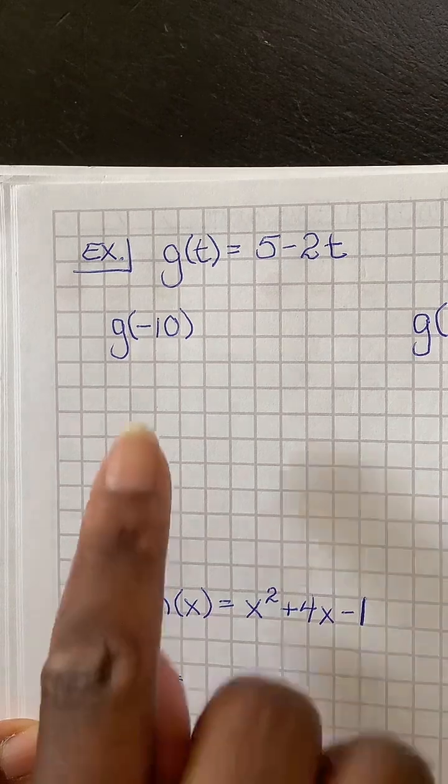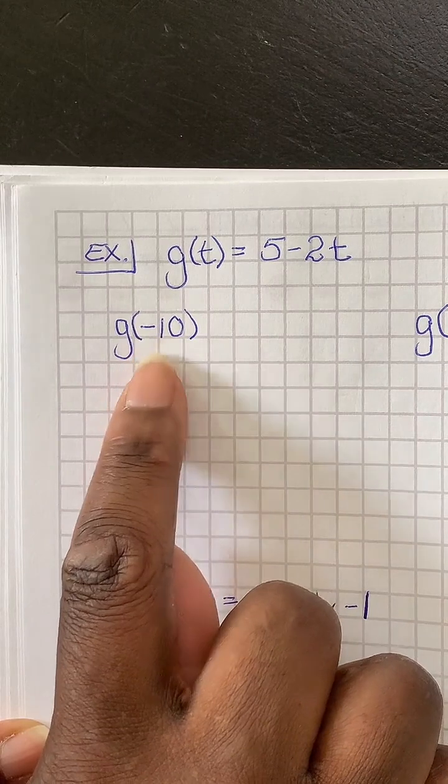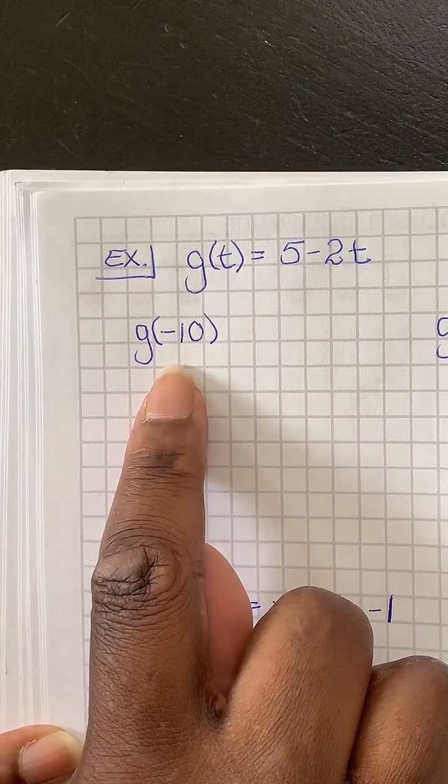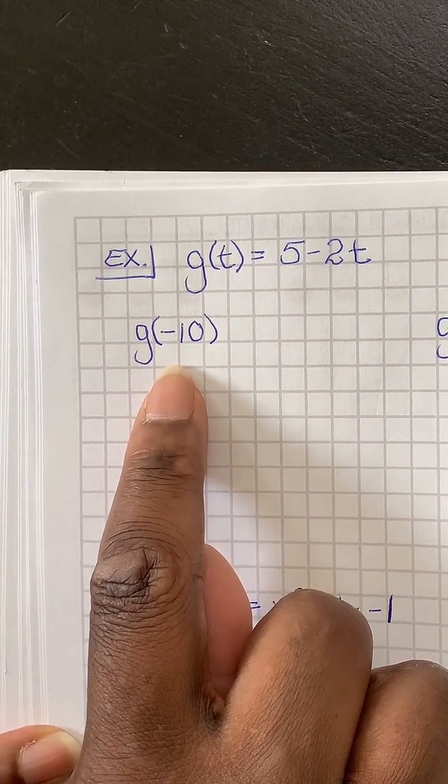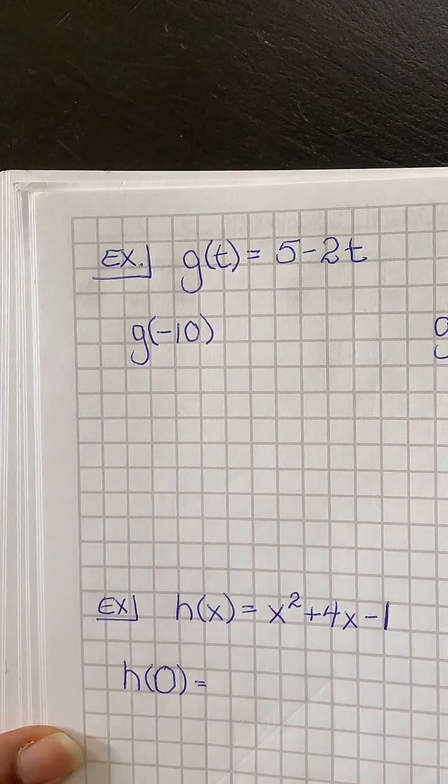All right. So we have the G of negative 10. Okay, so this one you might be able to do on your own. All right. Tell me what the G of negative 10 is. Think about what we just did.